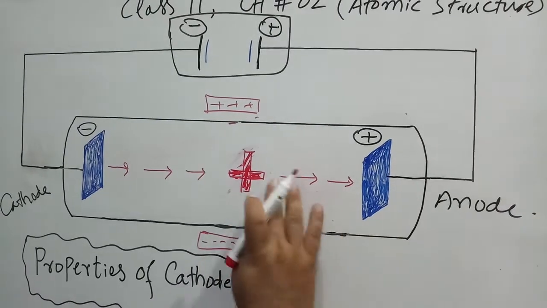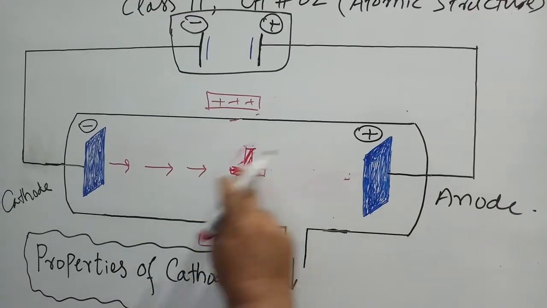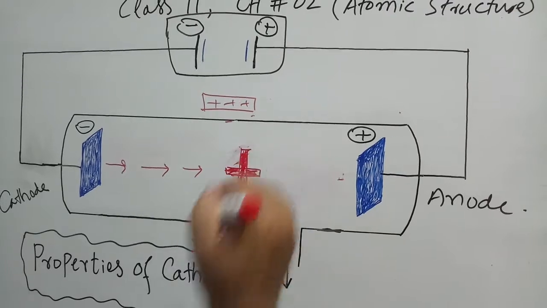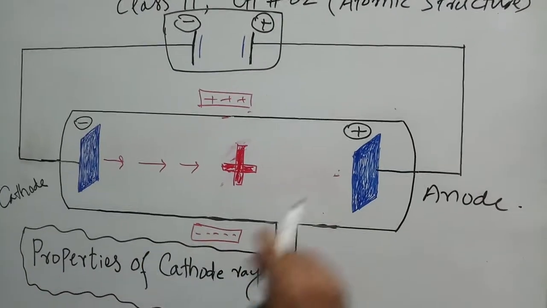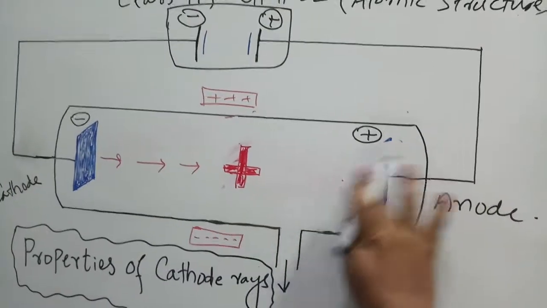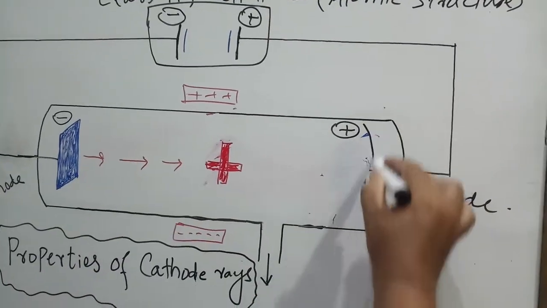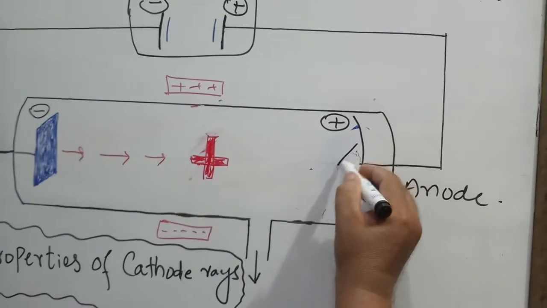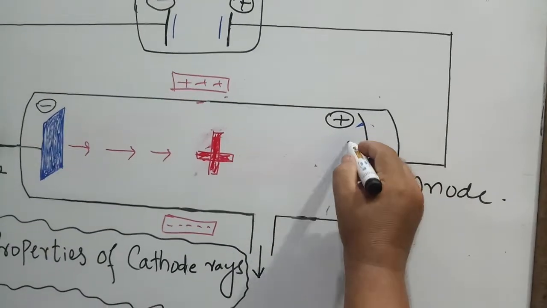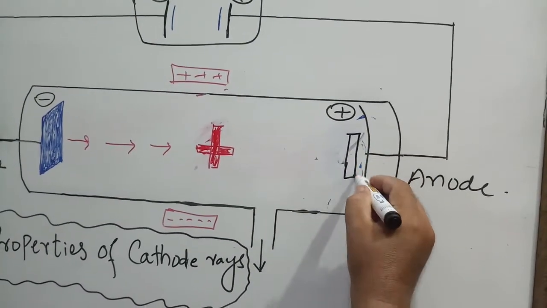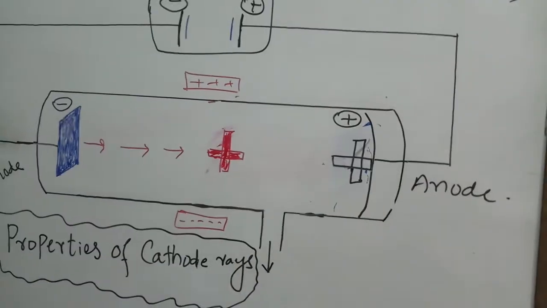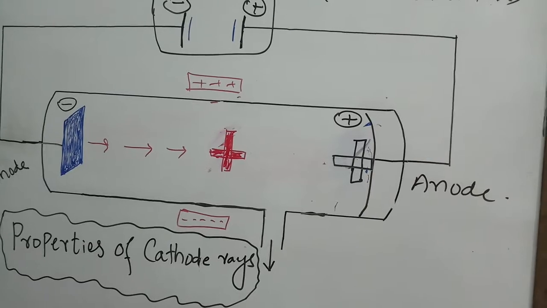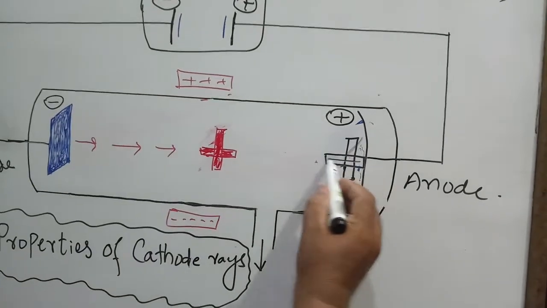When they placed an opaque object in the path of the discharge tube cathode rays, it cast a shadow. For example, if this is a screen, it casts a sharp shadow just like this. This is the shadow of the opaque object, which was the cross, the symbol of Christianity, used by J.J. Thomson.